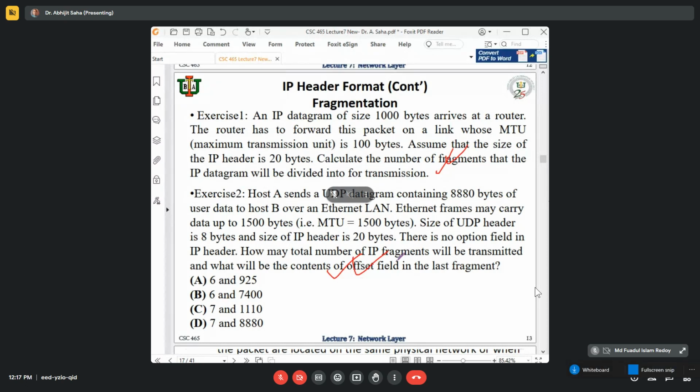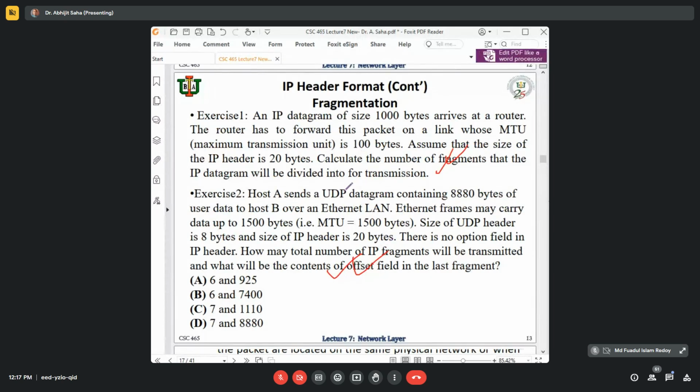It's not really required, because Sumaya has solved these two problems, so I'll ask her to take the picture of those solutions and share the screen.